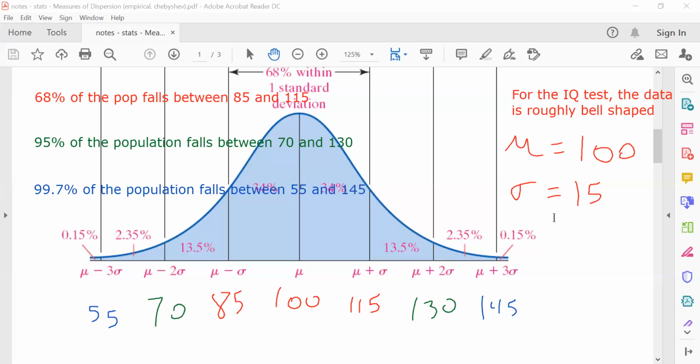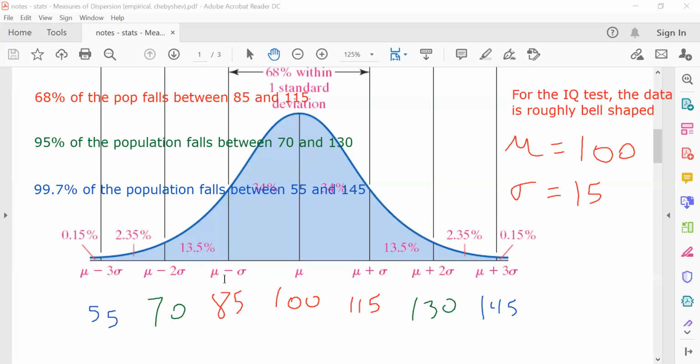Well, that's cool. The cool thing about it is the only thing you really have to memorize is the 68, 95, 99.7% business. Once you have that memorized, you can recreate this chart. So the percent of the population that falls between an IQ of 85 and 100, it's being obscured here, but that's 34% of the population. So now you can get even more granular than that.